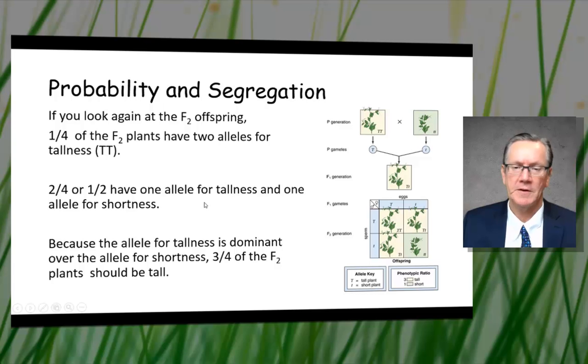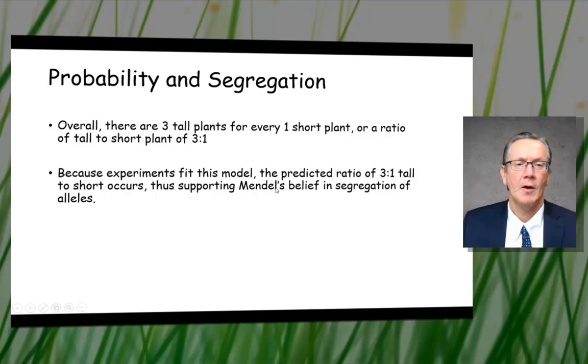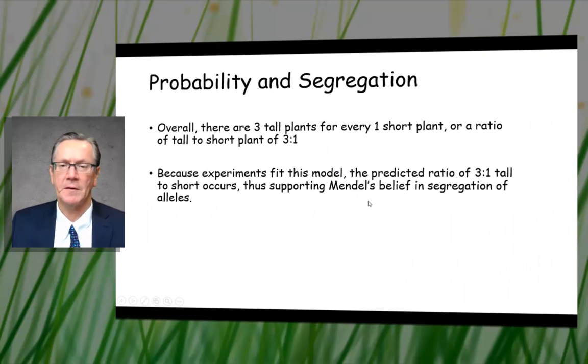So their phenotype is tall. Overall, there are 3 tall plants for every 1 short plant, or a ratio of tall to short of 3:1. Because experiments fit this model, the predicted ratio of 3:1 tall to short occurs, thus supporting Mendel's belief in segregation of alleles.